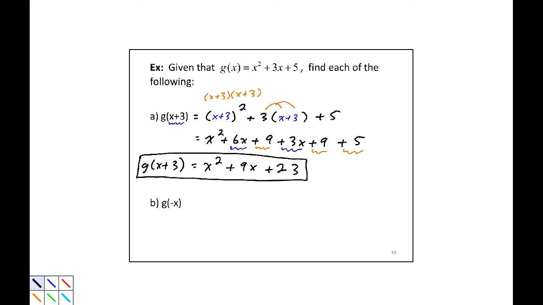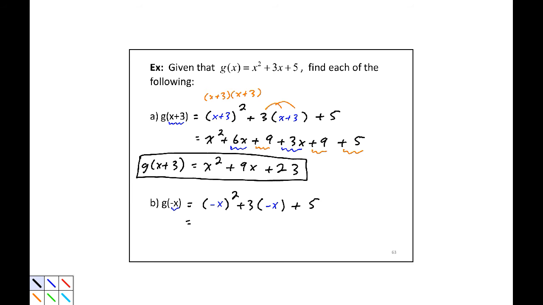Second part of that, we will have an input of negative x. So we'll replace our x. Okay, so that's going to be quantity squared plus 3 times something plus 5. We'll replace each of those values with negative x. Now, negative x squared means negative x times negative x.